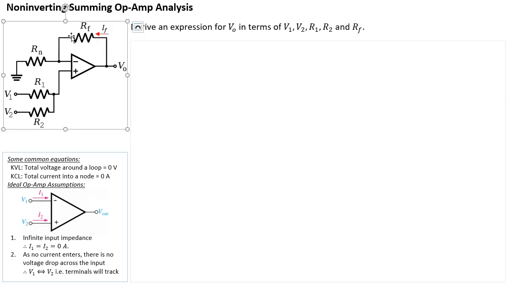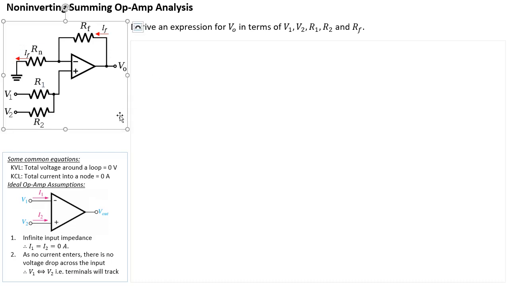And when it gets to this node, this junction, all of IF will end up going through Rn, and none will go into the inverting terminal. So IF will simply appear across Rn.